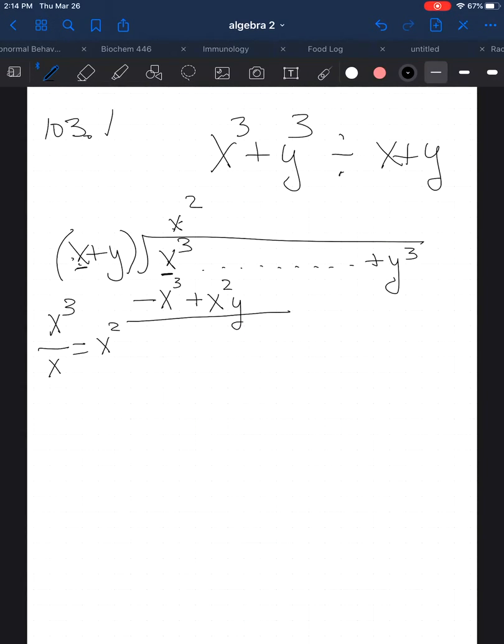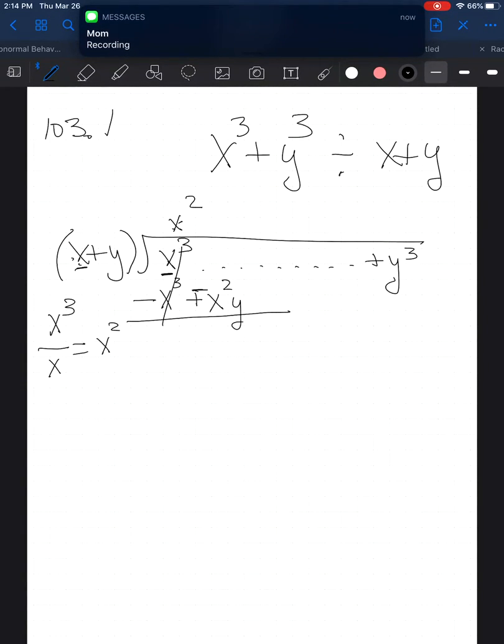Draw the line, change the signs. Okay, now then, when we add, we get x cubed minus x cubed, which cancels out, which is what it's supposed to be doing. If it doesn't, we made a mistake.